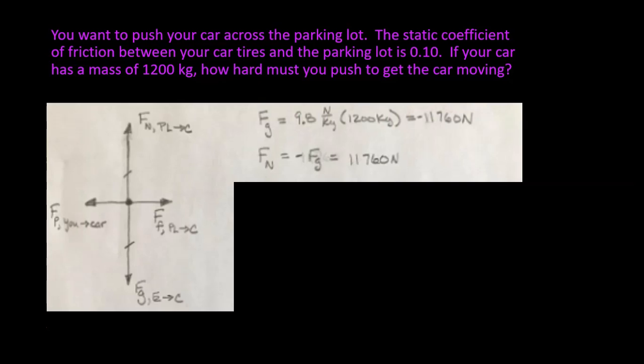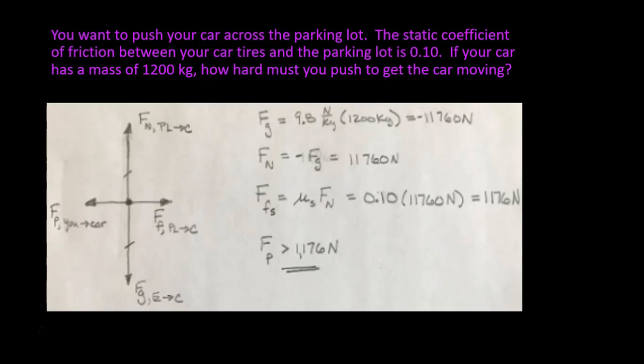First, calculate our force of gravity, and that's 11,760 newtons in the negative direction. And because the forces are balanced, we know that the normal force is 11,760 newtons. So we need that information about the normal force in order to calculate the friction force. Because the car is not moving, we're looking at the static friction.